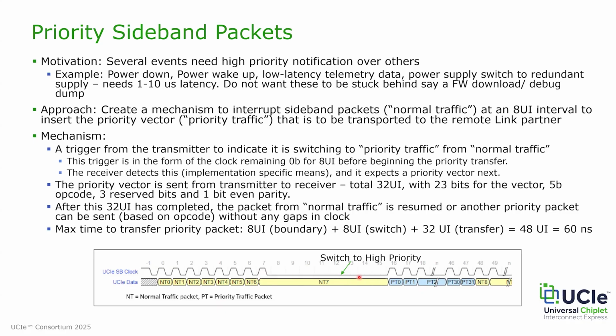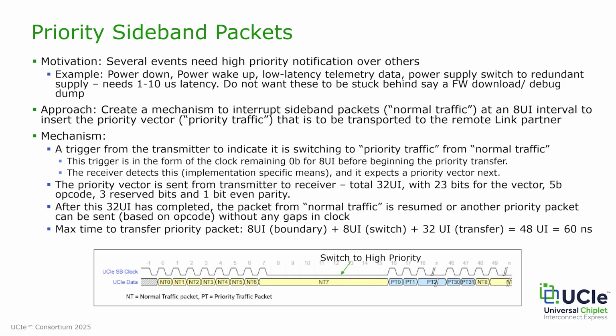You pull the sideband clock low for 8 UI. That is an indication to the other side that the next traffic is not related to this traffic. The next traffic is a priority traffic, and then you send the priority traffic, which is defined to be 32 bits. And then after that, you can resume your normal traffic from NT8 onwards, right? So that's the basic idea.